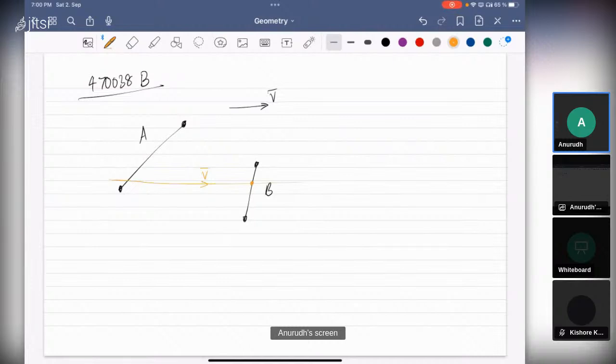In other words, there is a point on A such that if you move in the direction of V, you hit B.